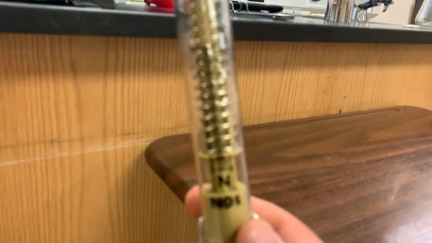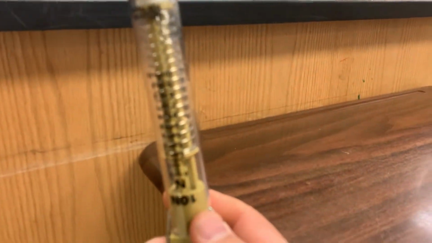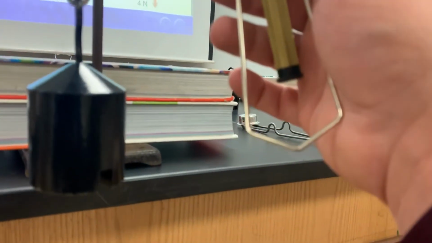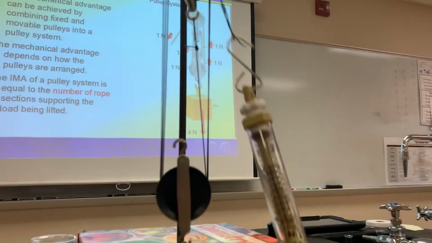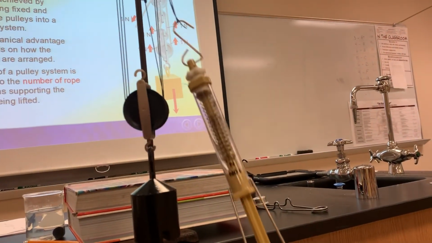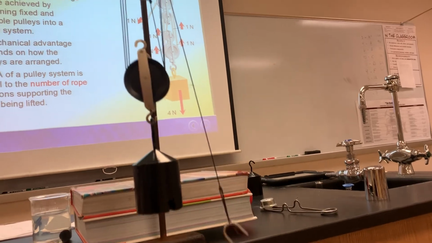It's saying about 2 on my scale here. The object is 1 kilogram, or about 10 newtons, which would otherwise go all the way to the top. So it's really easy to move this thing up and down with those total of 6 strings.